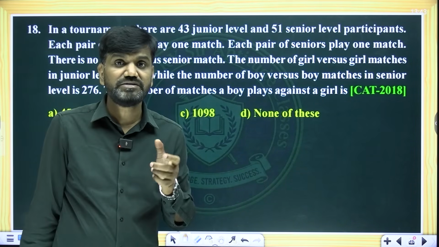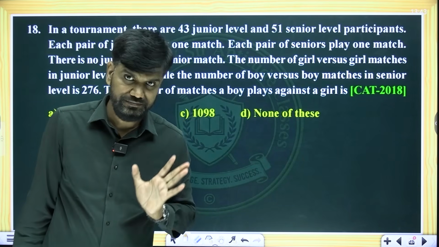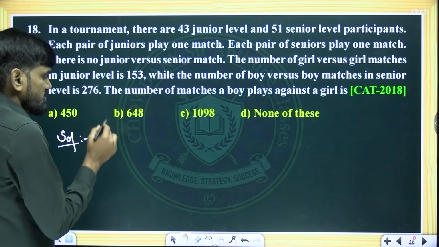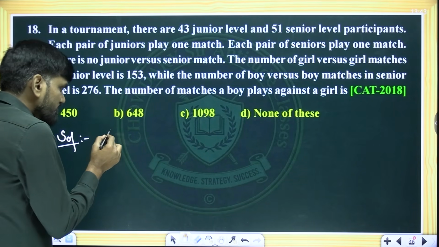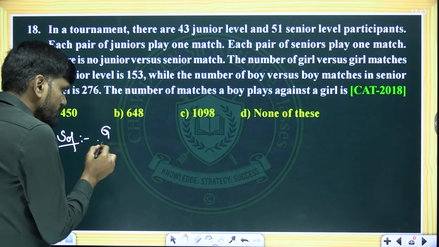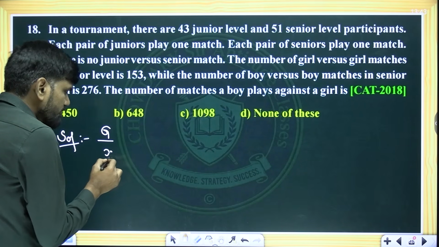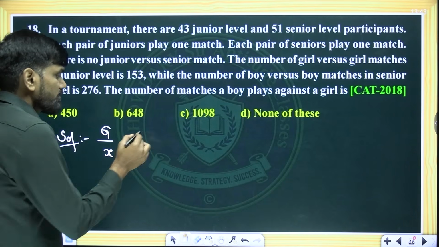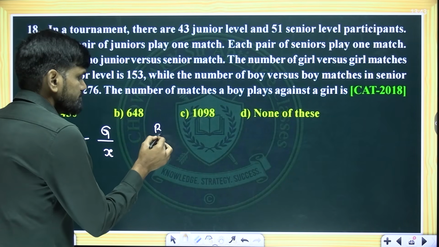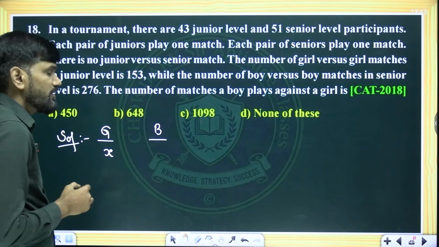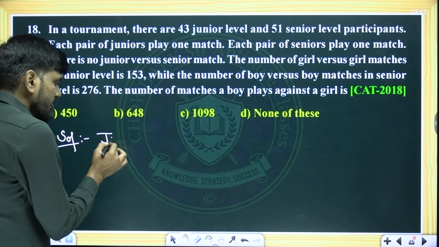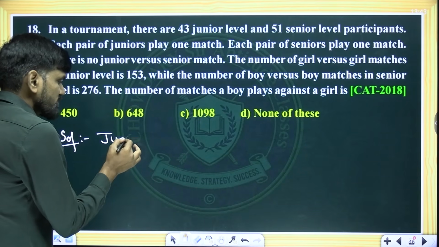So, suppose in junior level the number of girls are X. If the number of girls are X in junior level, the remaining should be boys. Boys should be Y.